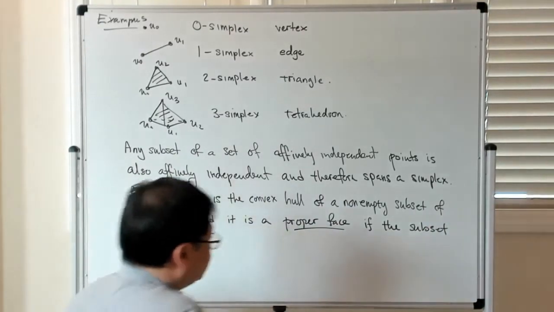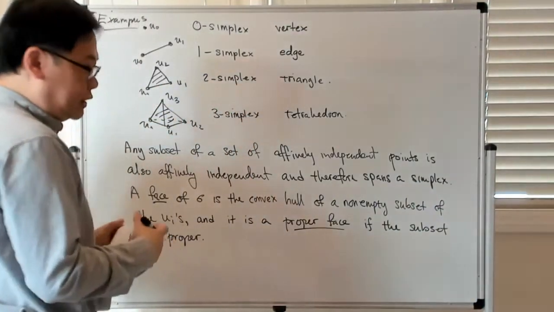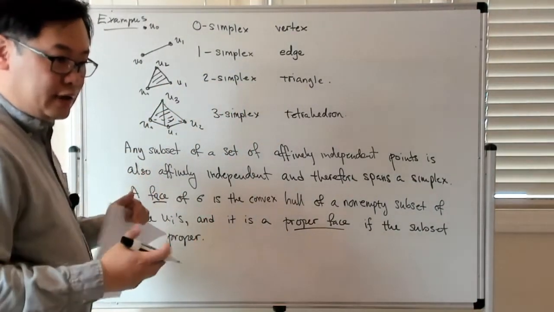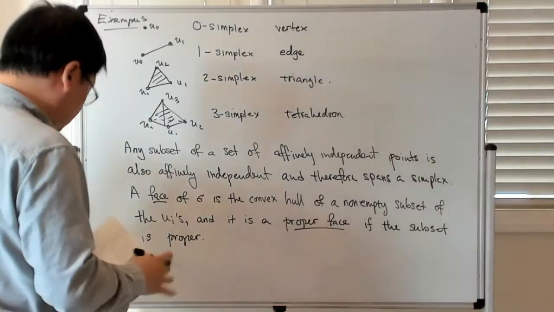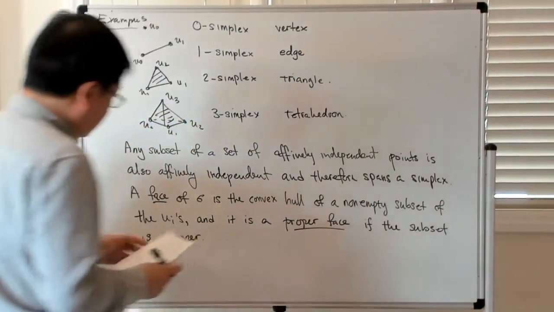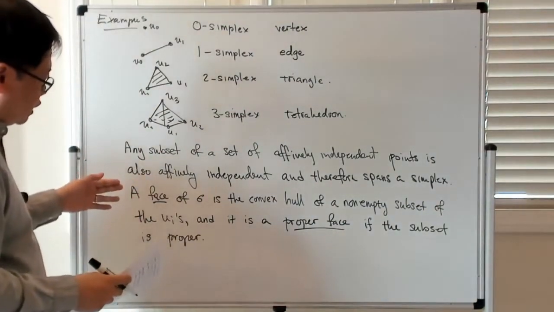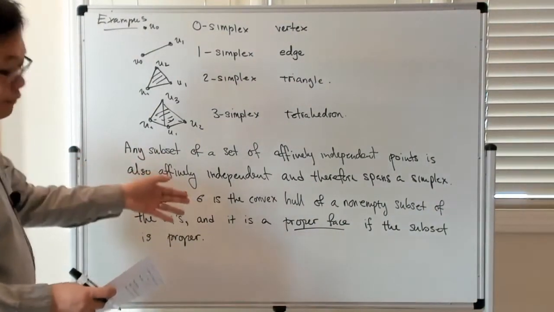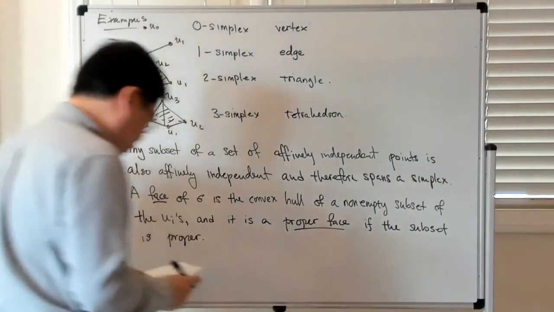Of course, what I mean by a proper subset is that it's a subset of a set which is not the set itself. So you can denote the fact that a simplex is the face of another simplex in the following way.